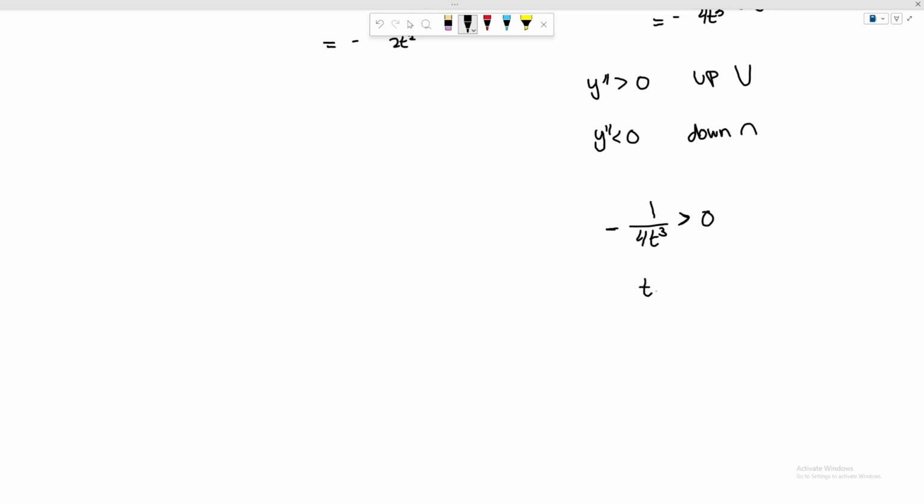It is when t is negative, then t cubed will be a negative number, and negative times a negative gives you a positive, and that's what turns this whole number into a positive. So when t is less than 0, you'll have concave up.